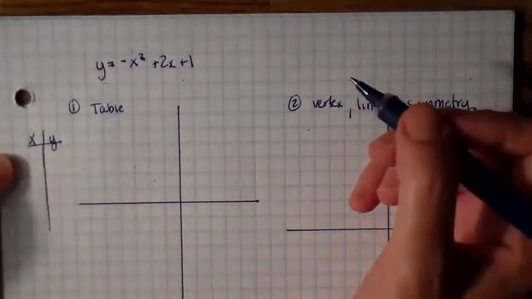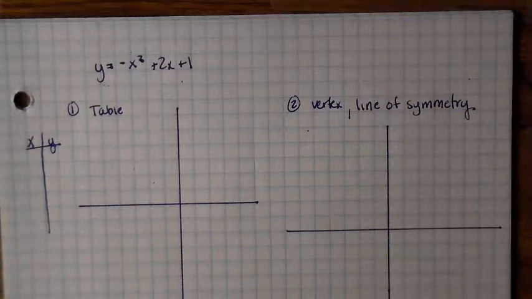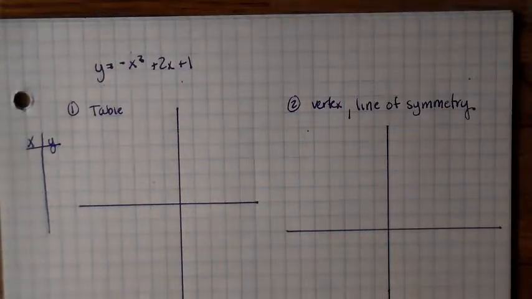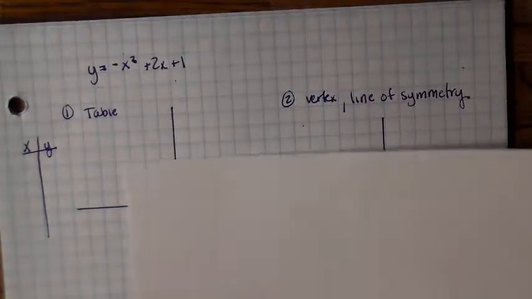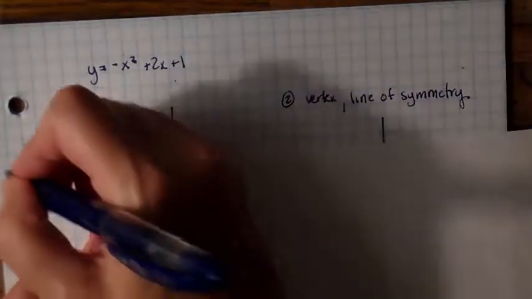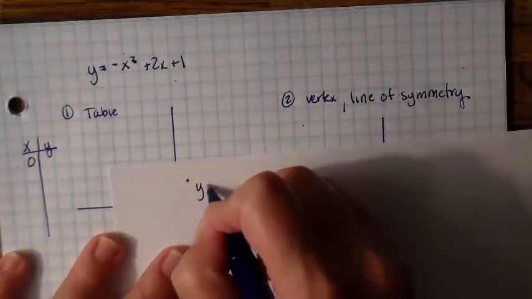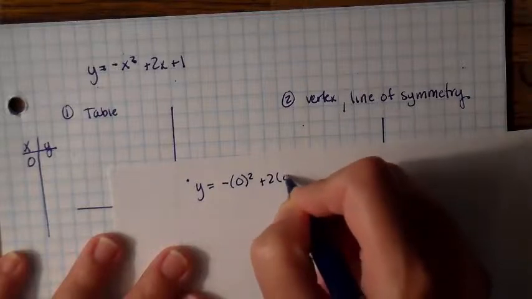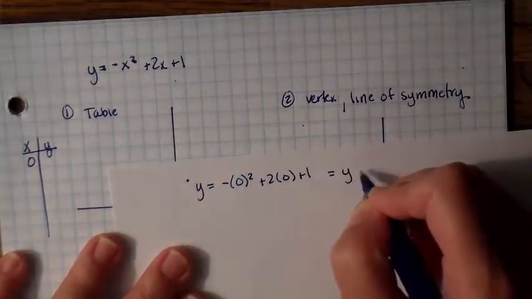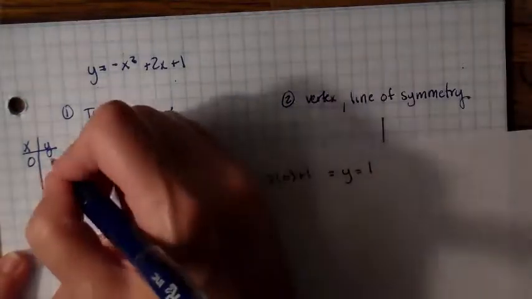And what I'll do is I'll plug those in. So let me just grab some scratch paper for the calculations. Okay, so I usually start with 0. So if I have a 0 for my x, I'll plug it in. I get negative 0 squared plus 2 times 0 plus 1. So y is equal to 1.